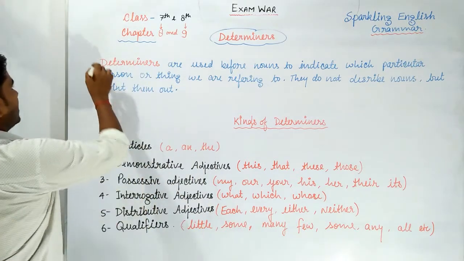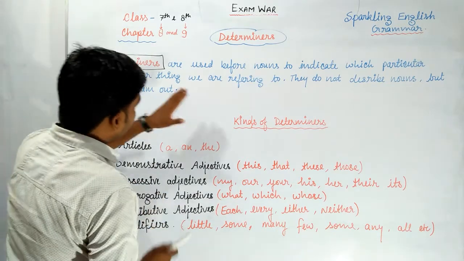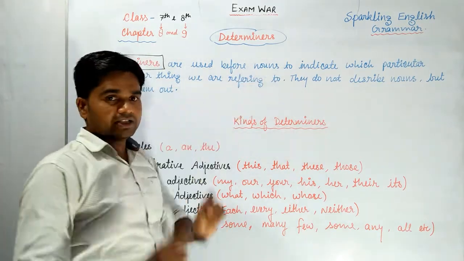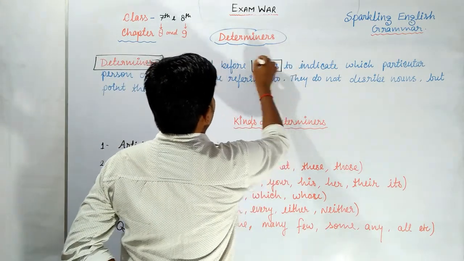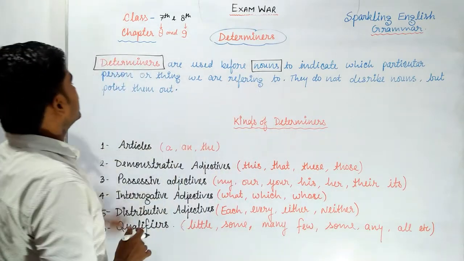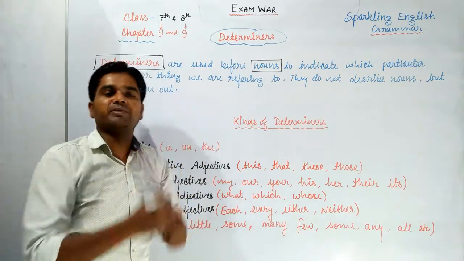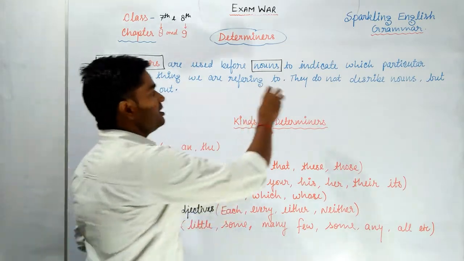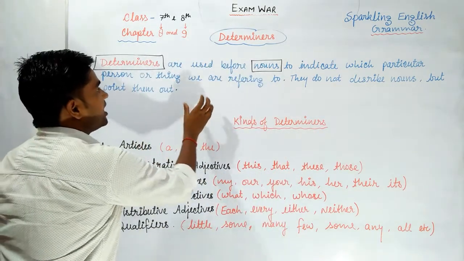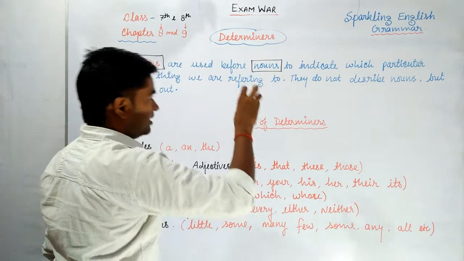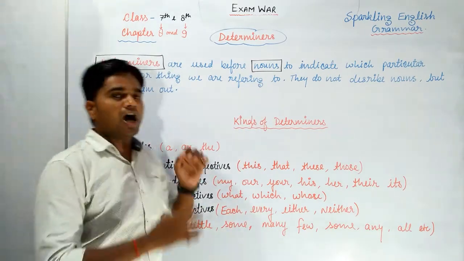So first of all, what are the determiners? My dear students, determiners are used before nouns. You must pay much more attention at this point. We use determiners before nouns to indicate which particular person or thing we are referring to, and they do not describe nouns but point them out.